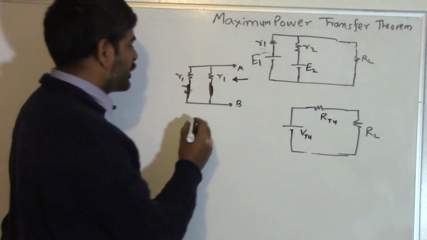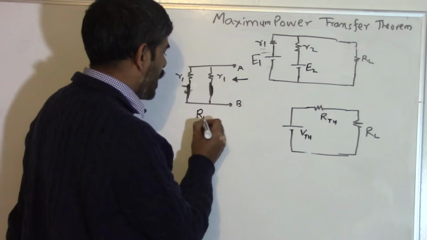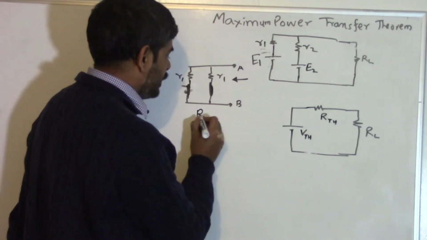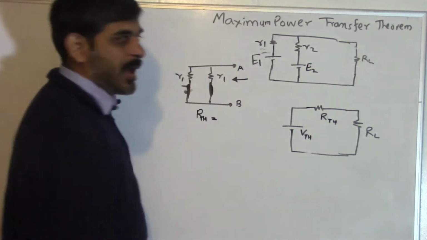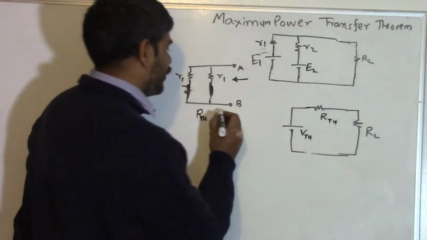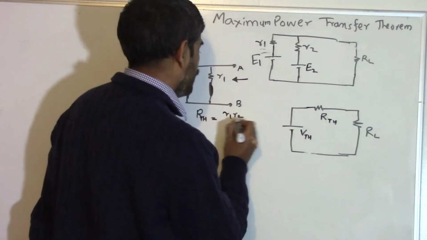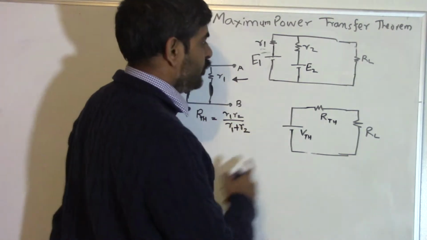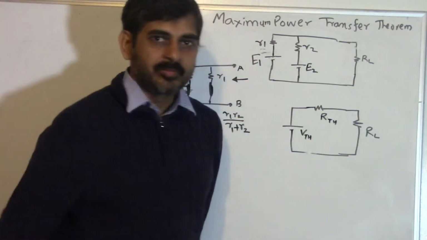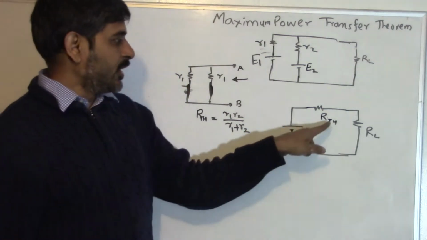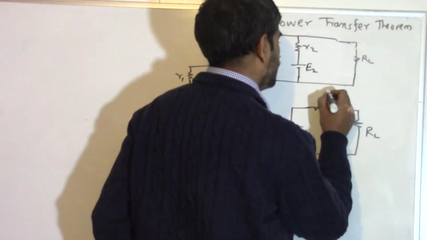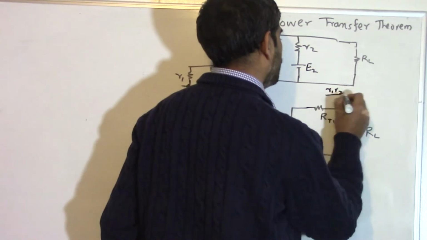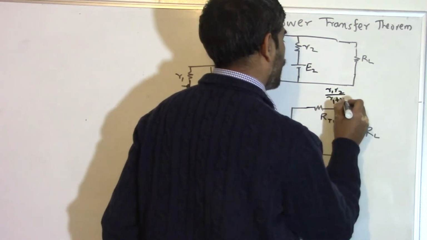That equivalent resistor is called R Thevenin, and in this case R Thevenin is the parallel combination of these two resistors, equal to R1 R2 divided by R1 plus R2. So this circuit can be replaced by a circuit where this resistance RTH is R1 R2 divided by R1 plus R2.